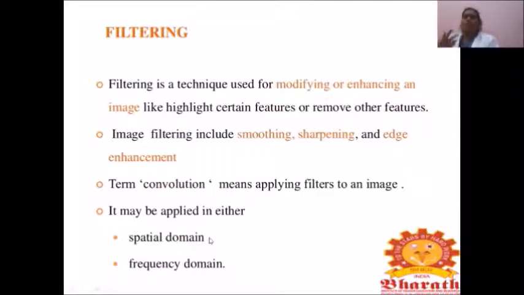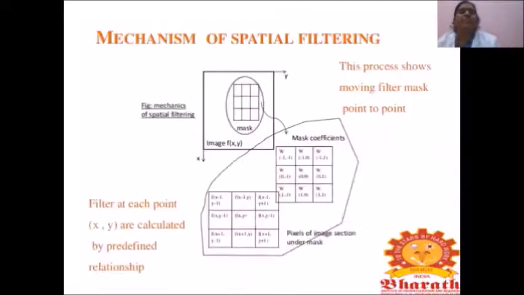Both spatial and frequency domain do the same operation; the way of getting the final output is different. Spatial is direct manipulation of the pixels, and in frequency we have to apply a formula to get the original or enhanced images.